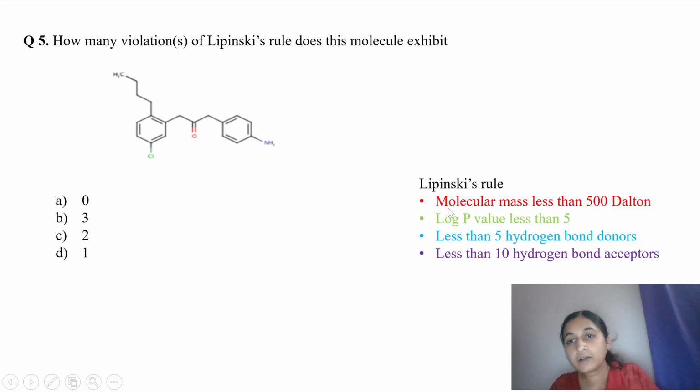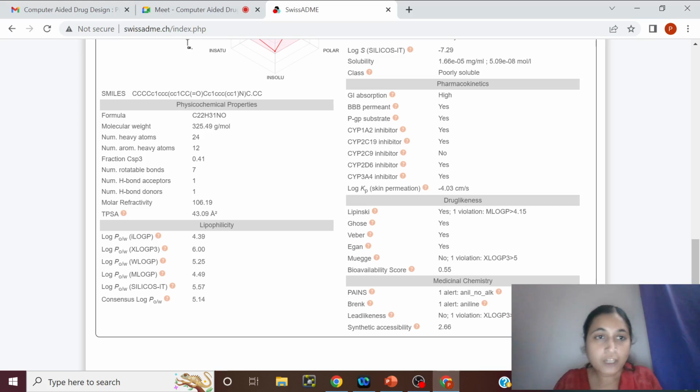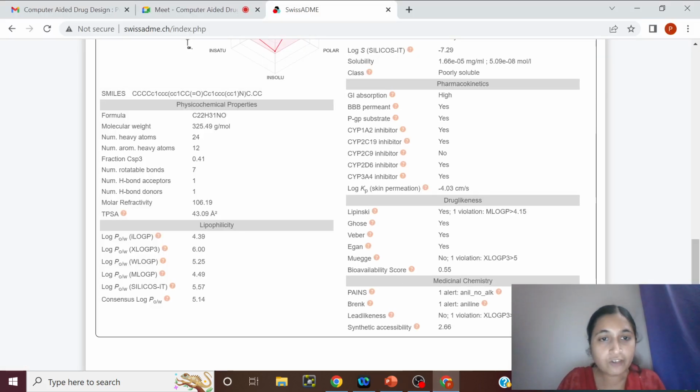First we will see the molecular mass. So molecular weight here is 325.49. So it is less than 500 Dalton, right? Then log p value is 4.39.